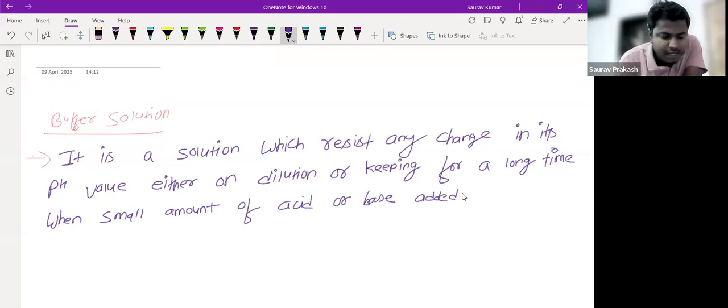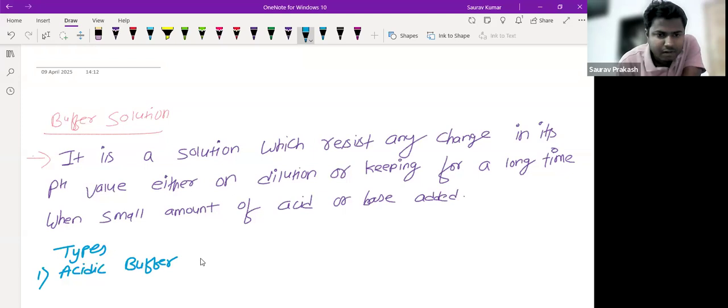It is also of two types. One is acidic buffer solution, and second is basic buffer solution.